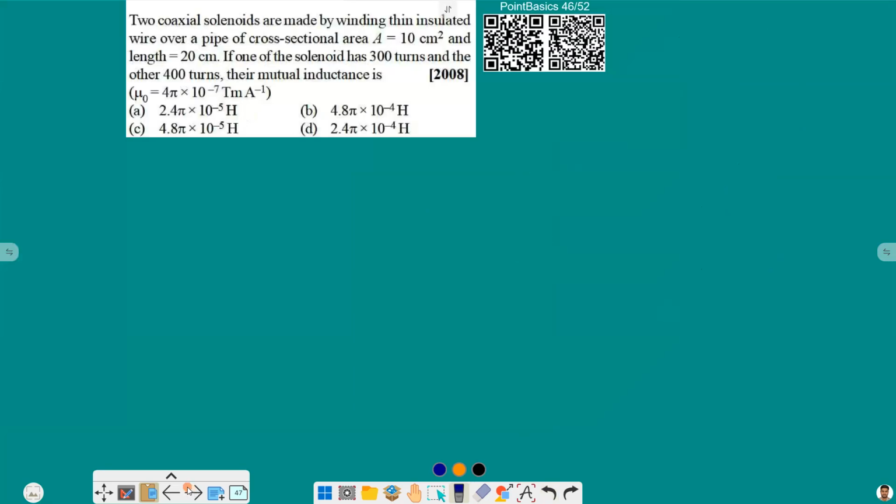We have two axial solenoids made by winding thin insulated wire on a pipe of given cross-sectional area and length. If one of the solenoids has 300 turns and the other 400 turns, we have to find the mutual inductance. We know mutual inductance is given by mu node N1 N2 into area divided by length.